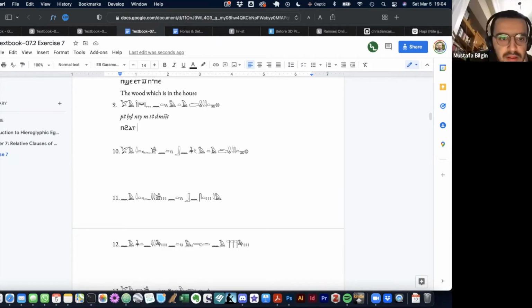Nt or N? Nope. What's the Coptic equivalent of this neti from late Egyptian? It's not N. It doesn't have an N in it, actually. It has no N whatsoever. Net. Not net.